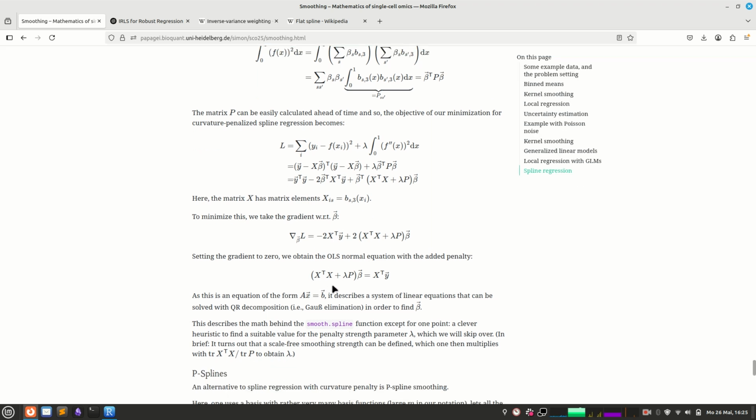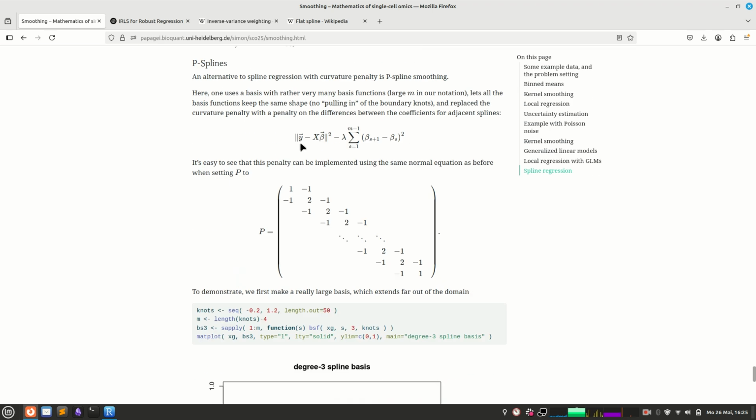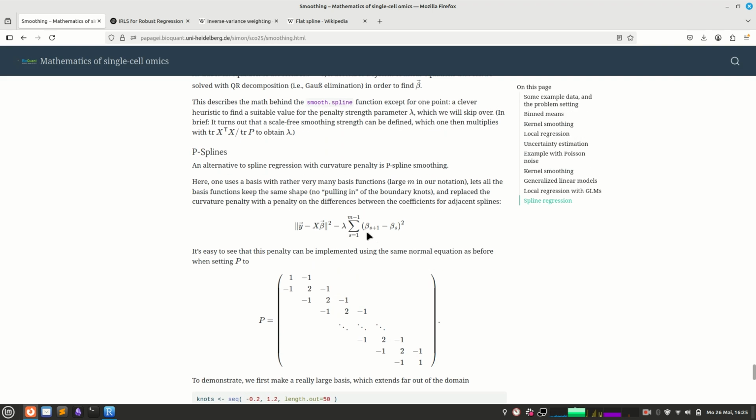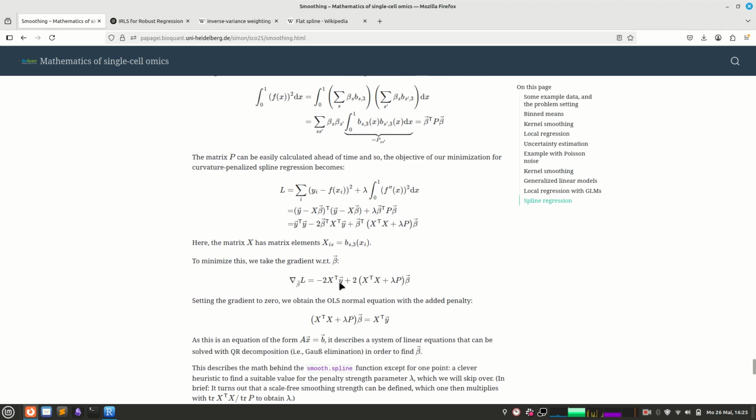And if you now compare this with the method which we had above here, we see that it again takes the shape of y minus x beta, because this thing here can also be written as a matrix. We can bring it in the shape of beta^T P beta.